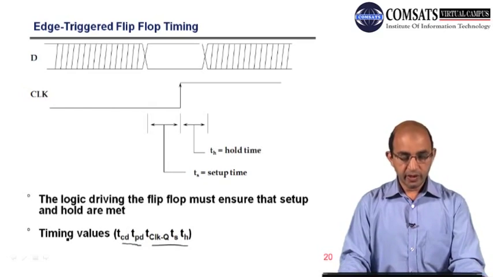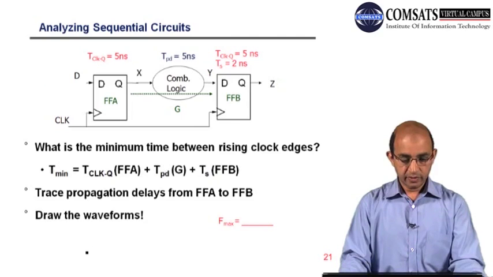So now we will be doing the timing analysis of both our combinational and sequential circuits. Here we have a sequential circuit, the flip-flop, and this is the combinational circuit. The flip-flop's output goes into the combinational logic, and then that combinational logic produces some output that is the input for this flip-flop.